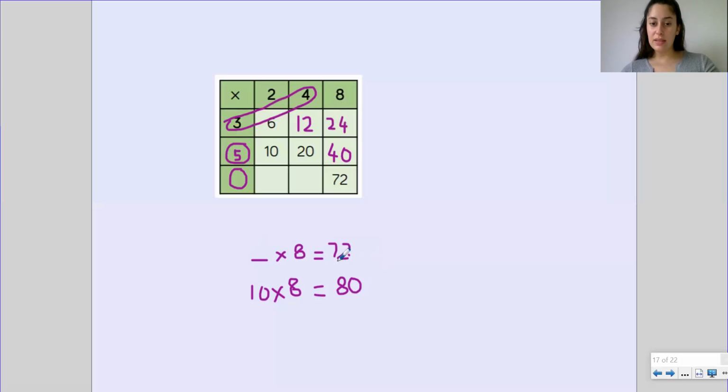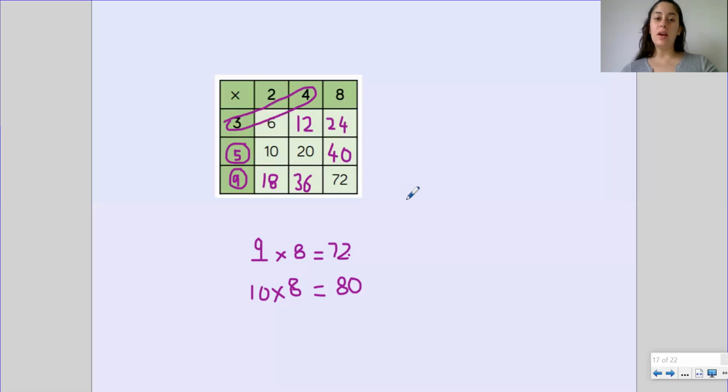So I know that this calculation is one before this calculation. So this calculation is 9 times 8. So I know that the number 9 would go here, because 9 times 8 equals 72. So now I can complete the other two. 9 times 2 equals 18. 9 times 4 equals 36.